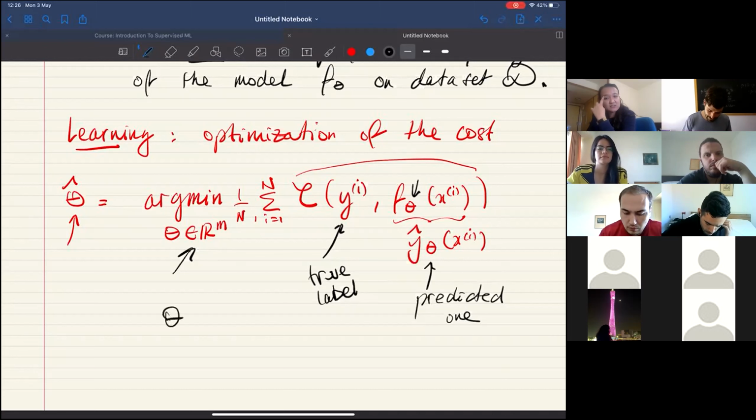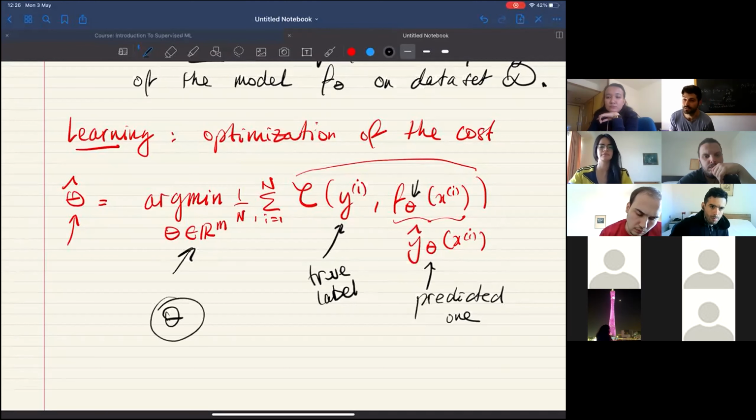And theta may be a very high dimensional object. So finding the minimum of this cost is a hard problem in general. Sometimes not. If the cost is convex, at least you know it has a single minimum. It doesn't mean that you will find it efficiently, but at least you know the minimum is unique. If this cost is non-convex, you're not even sure that there is a single minimum, and it's not even clear how to find a good minimum. And what does that mean, a good minimum?